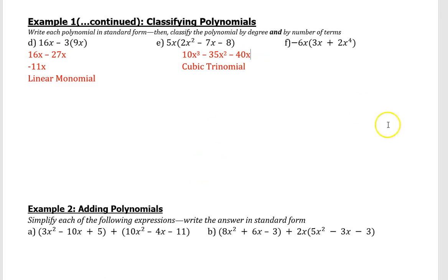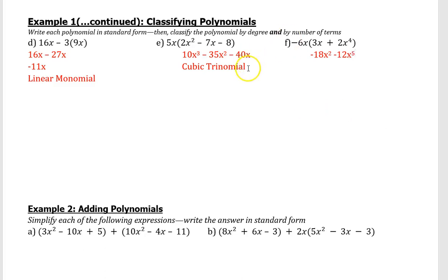And my very last question, I'm going to go ahead and distribute the negative 6x. So that first term would become negative 6x times 3x is negative 18x squared. Now negative 6x times 2x to the fourth is going to become negative 12x to the fifth.